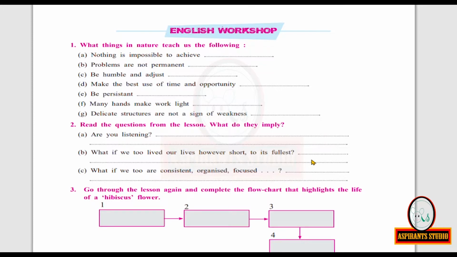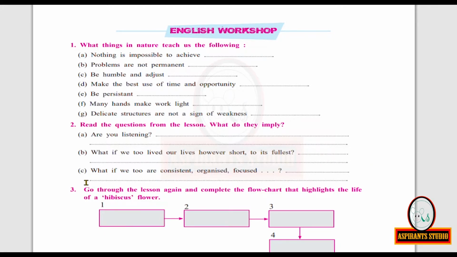It implies that we too should live our lives to the fullest, however short they may be.